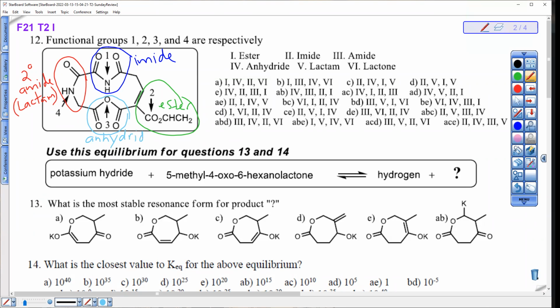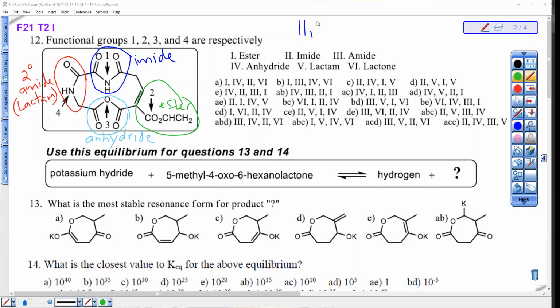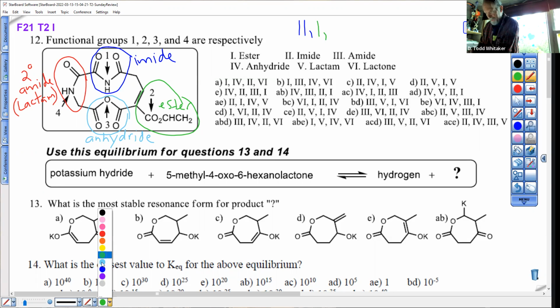So putting them in order, the first one needs to be an imide. So imide. 1 is an imide. 2 is an ester, which has the name that's green. It's 1. And the third one, baby blue, is an anhydride, which is IV.